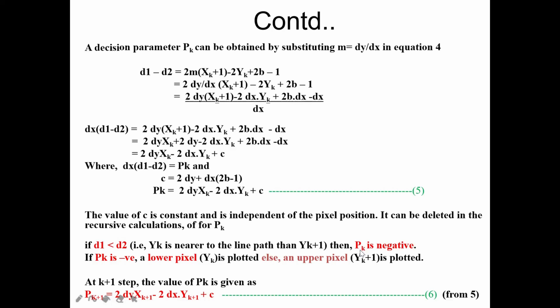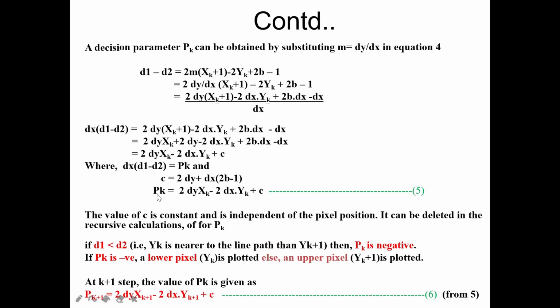If I consider the next value of pk, that will be pk plus 1. In the next step, what will happen? If I write down pk plus 1, wherever the x value is there, the k value will be there, everything will be increased by 1.